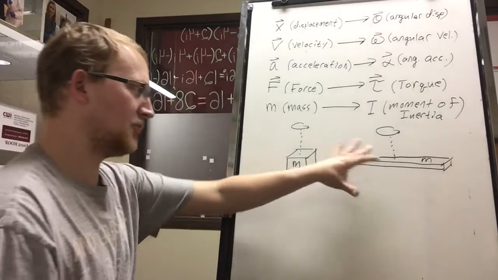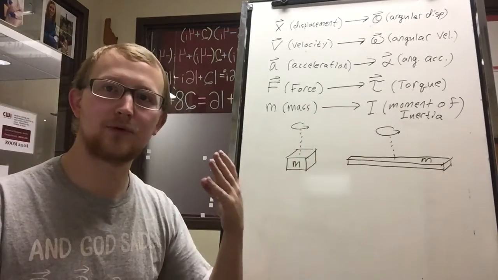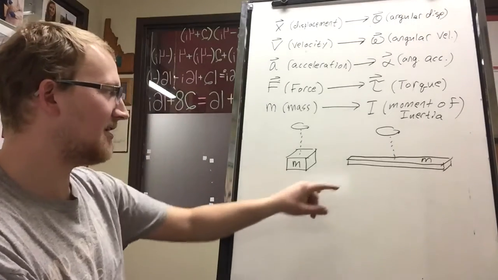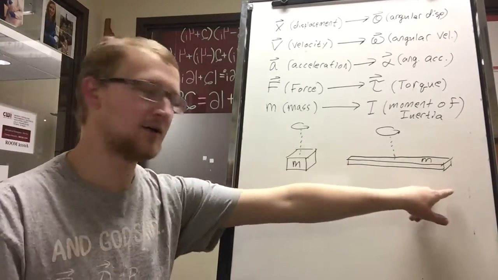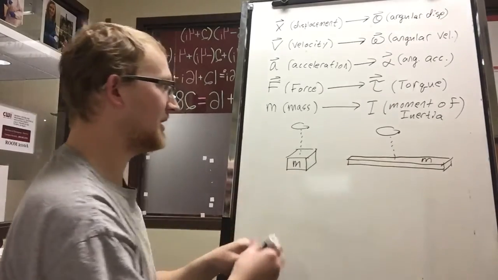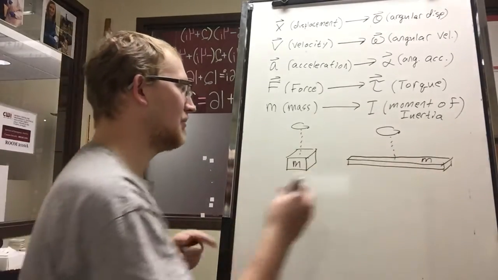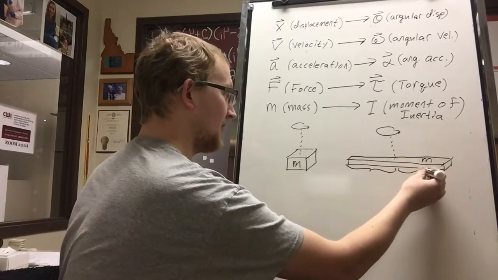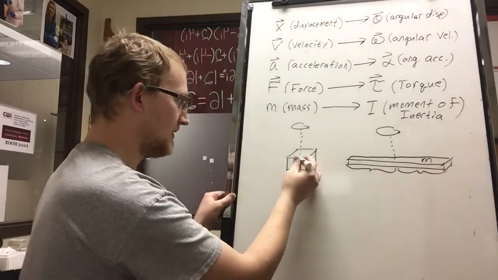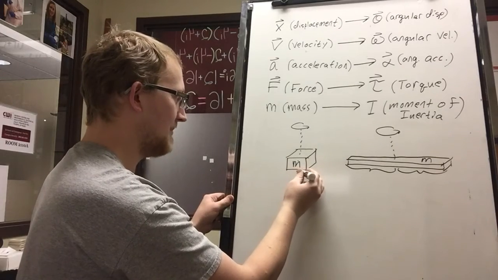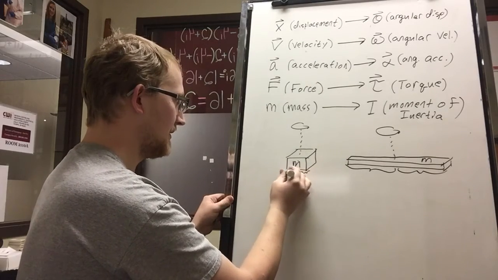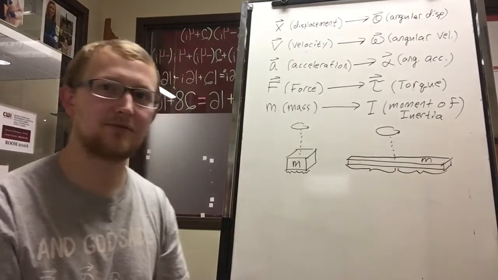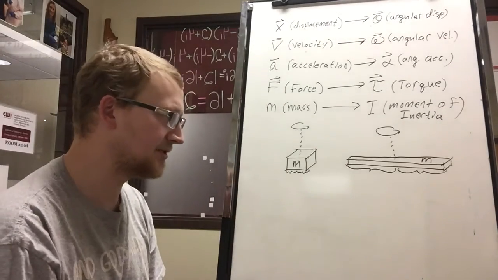Well, the question is which one would have more resistance to that rotation? You can test this for yourself, but it turns out that the long rod that's been pounded out has the same mass, but more of that mass is a greater distance from the axis of rotation, whereas with the small cube of the same mass, its mass is closer to the axis of rotation.